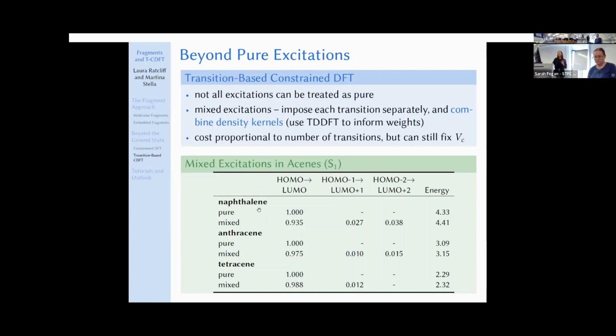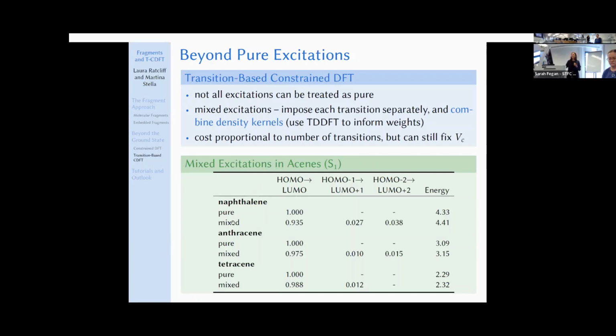So before going into details, what we showed was that, for example, for the naphthalene molecule, which is a very simple small molecule, if we consider the HOMO-LUMO transition as being pure, we have an energy of 4.33.